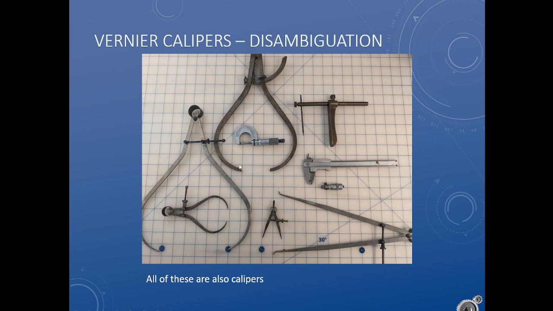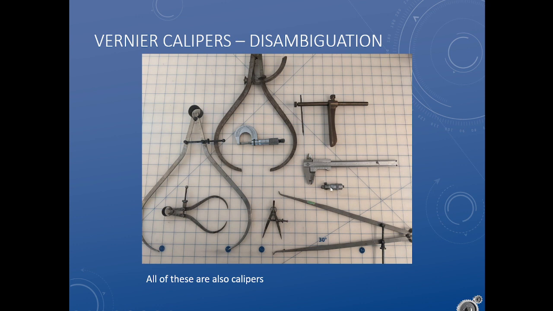So outside calipers measure the outside of things. That's all of these outsidey grippy ones. You'd put this on the outside of something. Inside calipers measure the insides of things, and so they have their measuring faces facing the other way. Dividers usually measure on the surface of something, so they have two points pointing down.